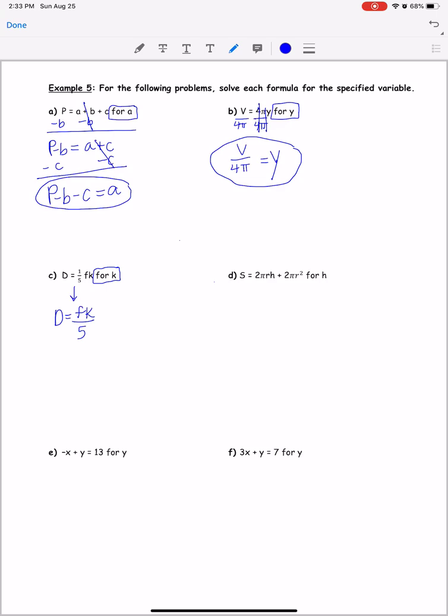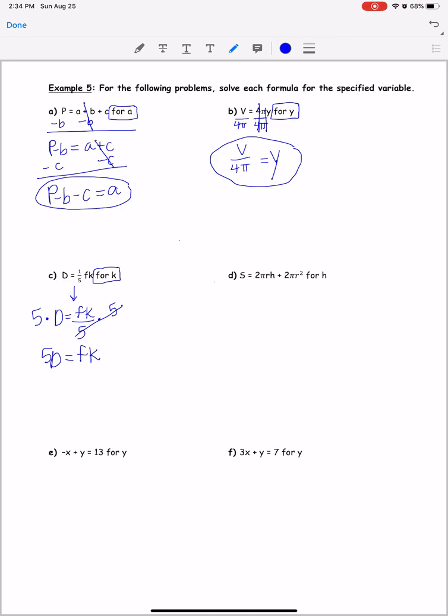So when we do that, to get rid of that 5, we're going to multiply both sides. So 5 times D is 5D equals. Now remember on this one, when you multiply the right side by 5, it cancels this out here. This 5 divided by this 5 is 1. That's what makes it cancel. So don't multiply the top by what we're multiplying. That just kind of comes down since my 5's canceled.